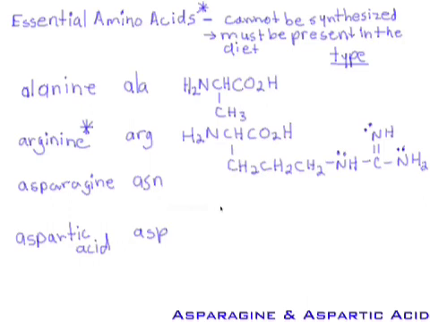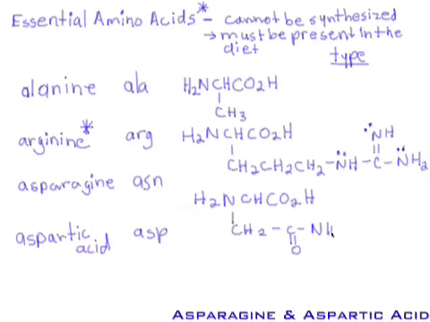Now, asparagine. If I draw these the same way, and you may notice it drawn differently in your handout notes, but you should be comfortable with seeing it drawn different ways. So here's asparagine, and asparagine has a CH2, then a C double bond O, and an NH2.